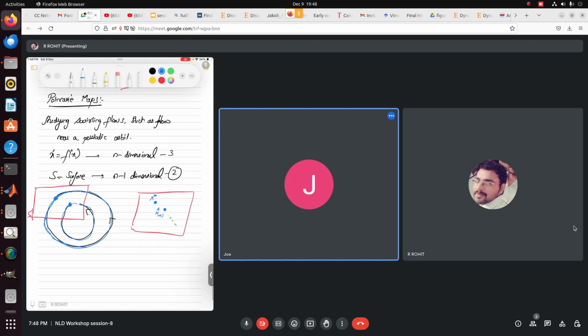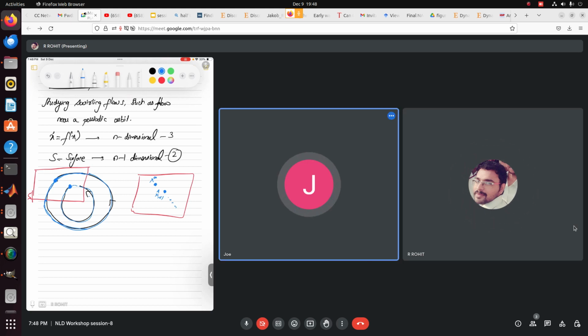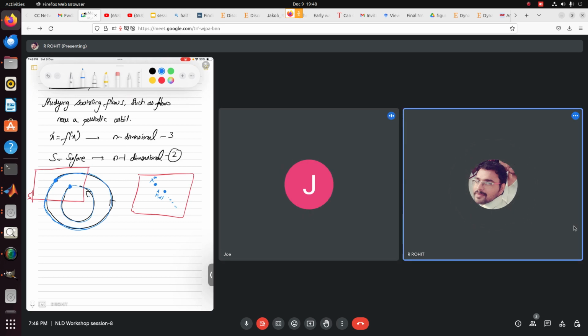We should be careful that S is required to be transverse to the flow, that is, all trajectories starting on S should flow through it, not parallel to the surface. It should not be flowing parallel to this surface. Everything should be flowing through this surface. Now the Poincare map P is a mapping from S to itself, obtained by following the trajectories from one intersection with S to the next.